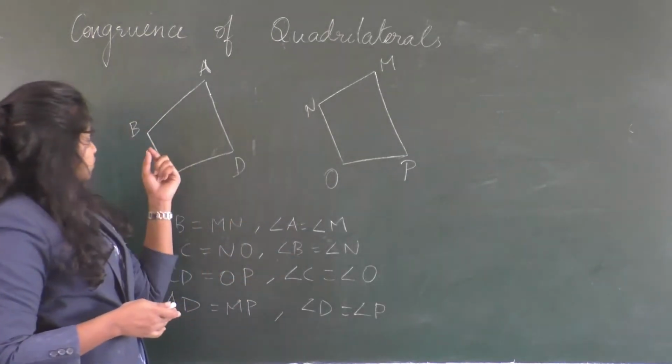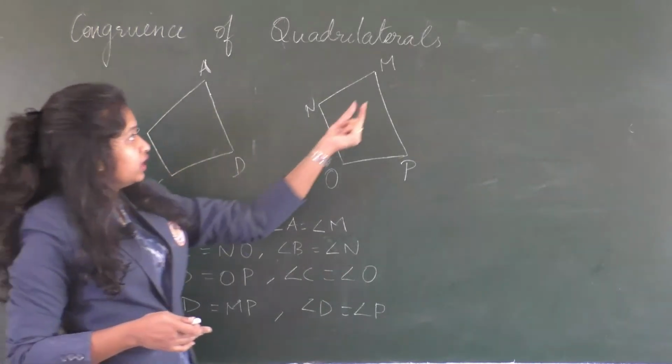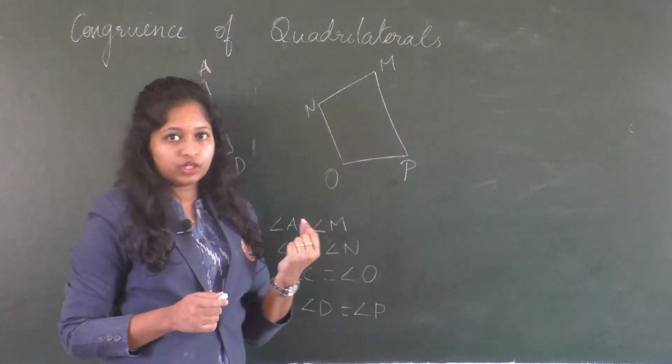Okay. Now here I have quadrilateral ABCD and MNOP. Okay.